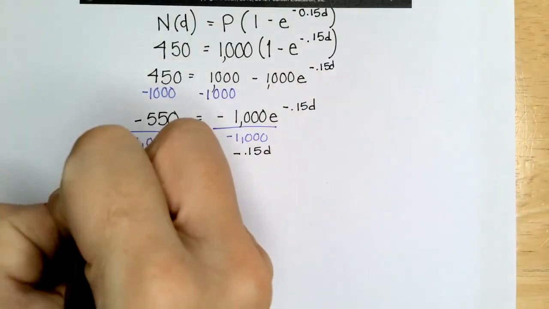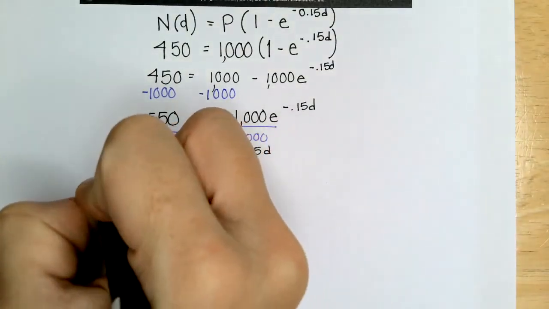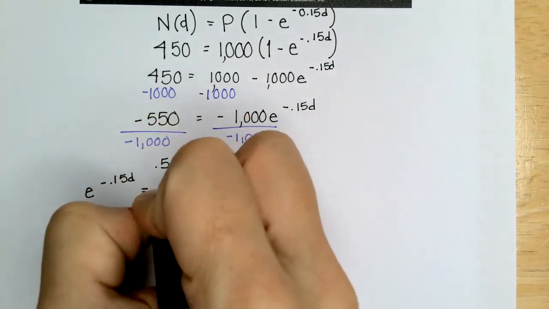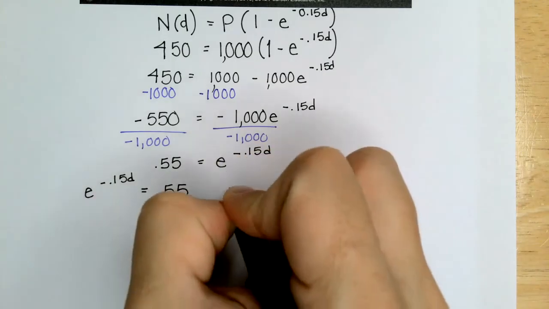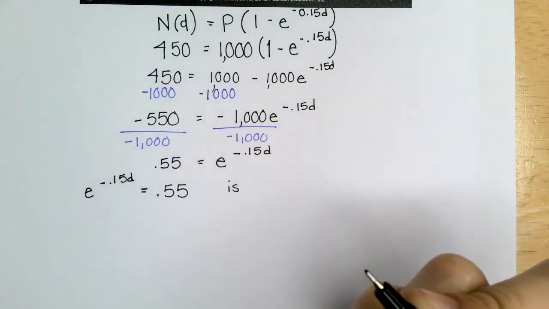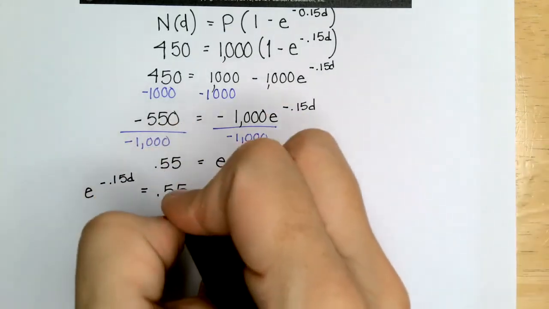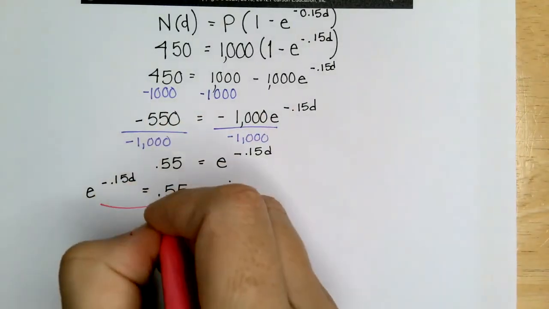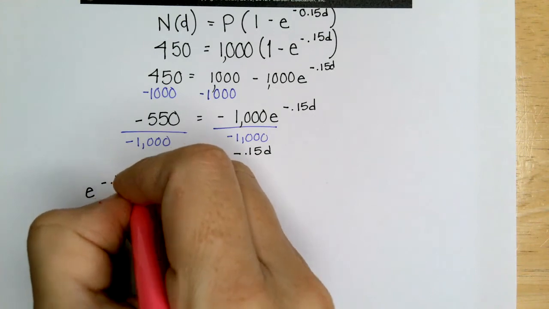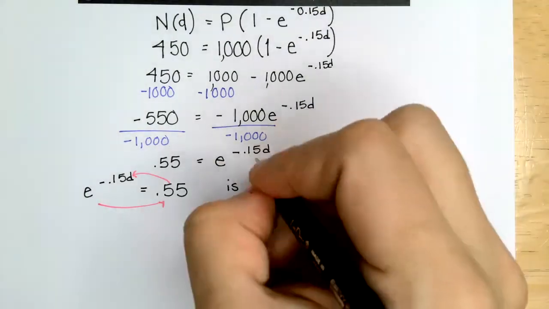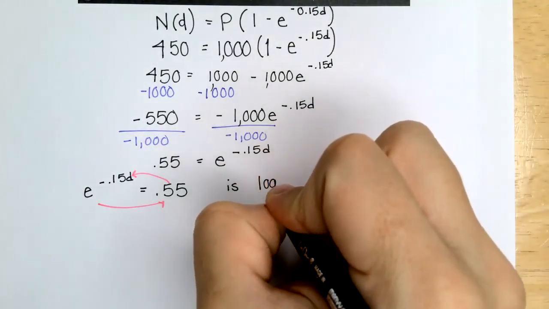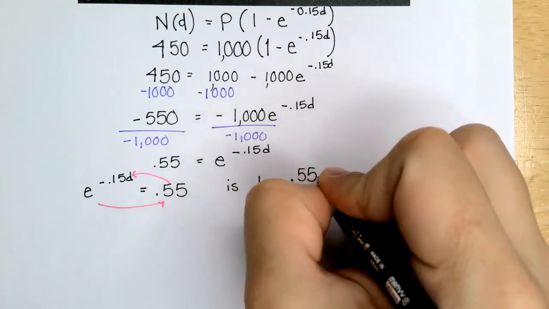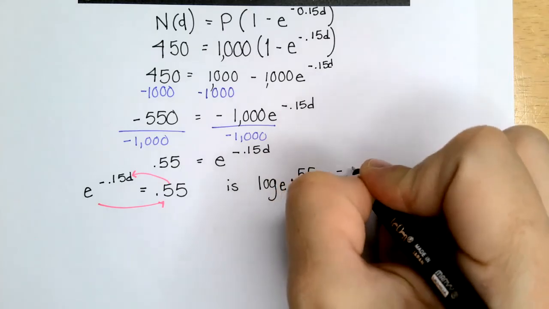So e to the negative 0.15d equals 0.55 is the same as log base e of 0.55 is negative 0.15d.